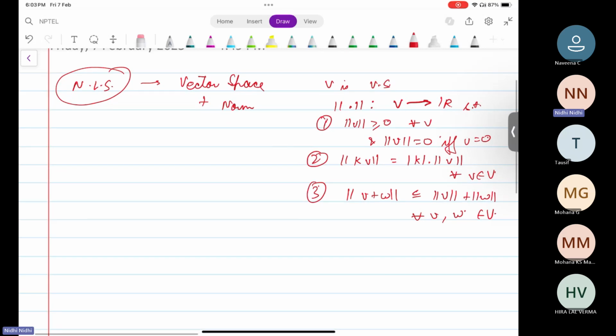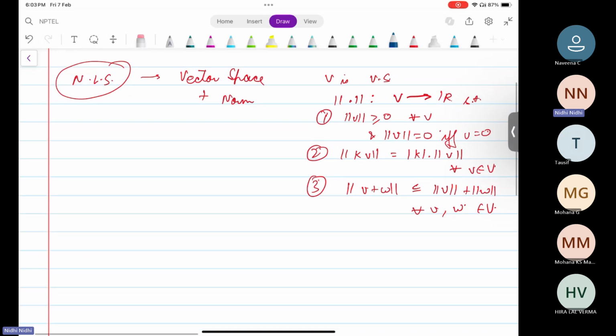Okay. Next we have the bounded linear operator. So for that we start with the linear transformation. Suppose T is a linear transformation defined on some normed linear space V1 with some norm 1 to a space V2 with some norm 2.